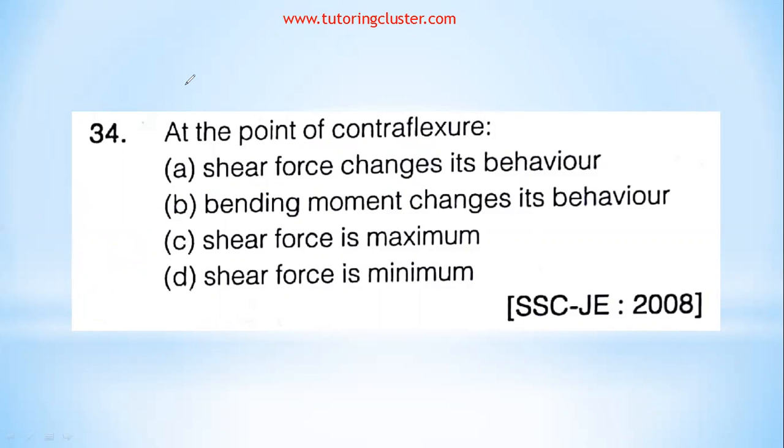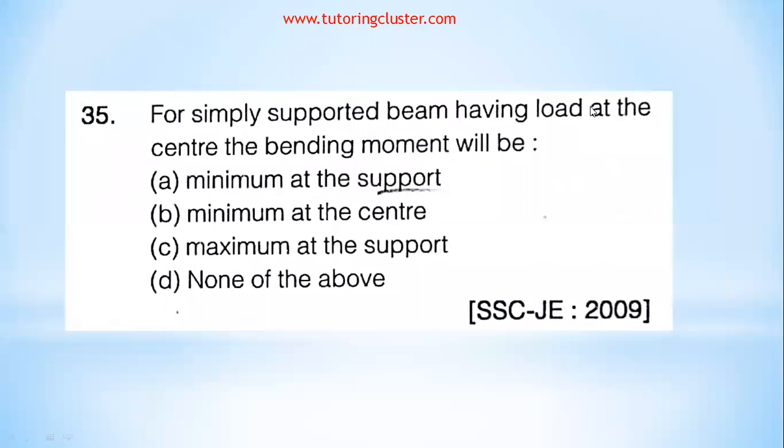Let us see question number 35. It was asked in SSC JE 2009: for a simply supported beam having a load at center, the bending moment will be. So just now we have solved how you get a triangular shape, and it is 0 at the support and it is maximum at the center, right?